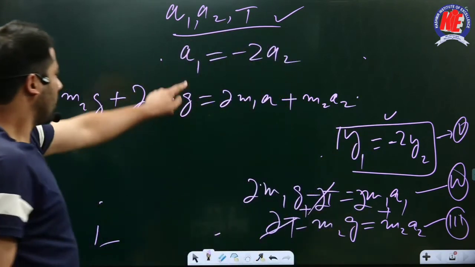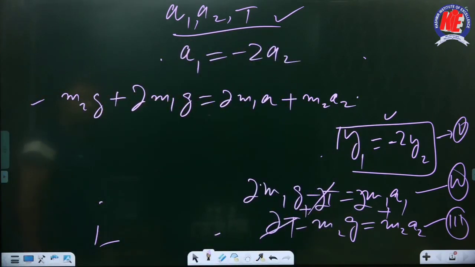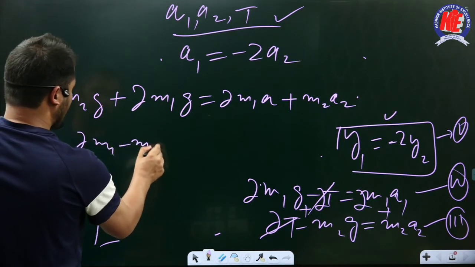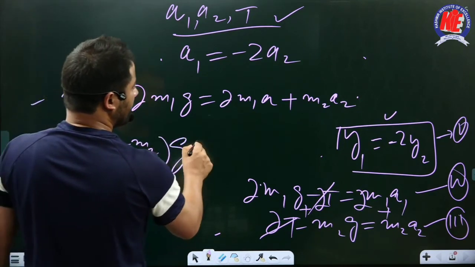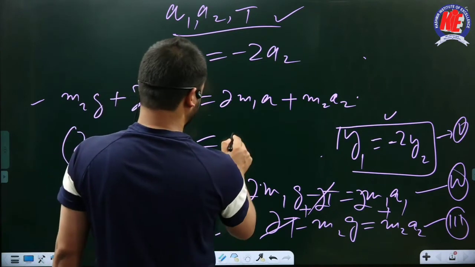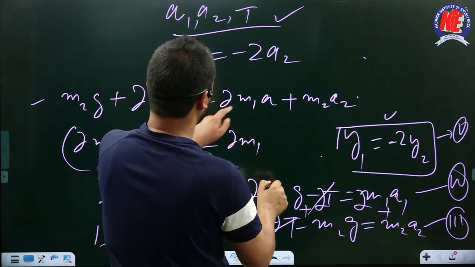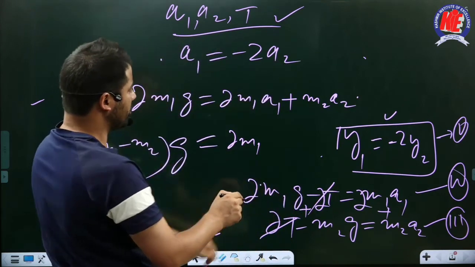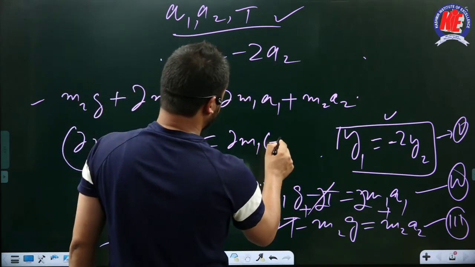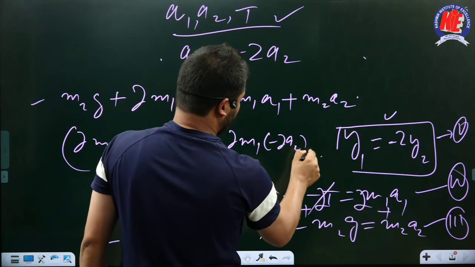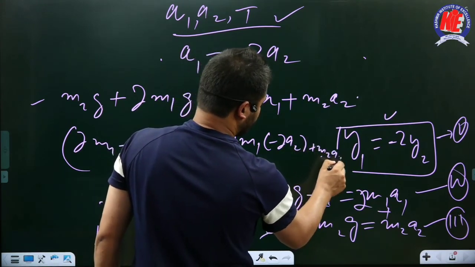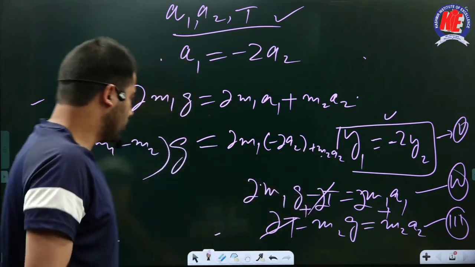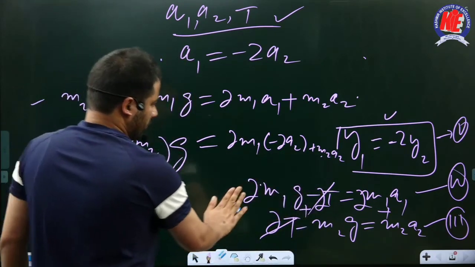Now I will use the above equation here: 2m1 minus m2 into g, here a1 is 2 times a2, so it will be minus 2m1a2 plus m2a2. So according to this I will get the value of a2.